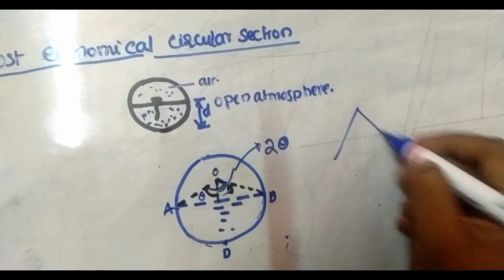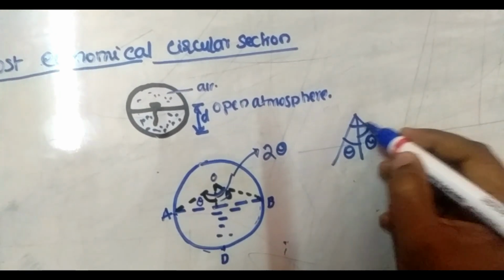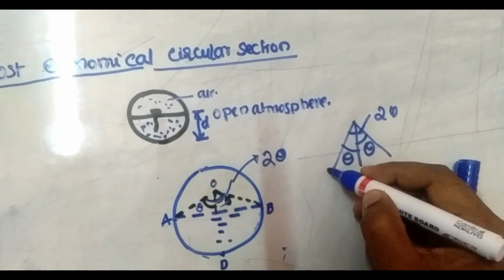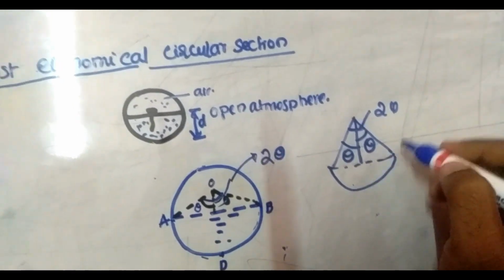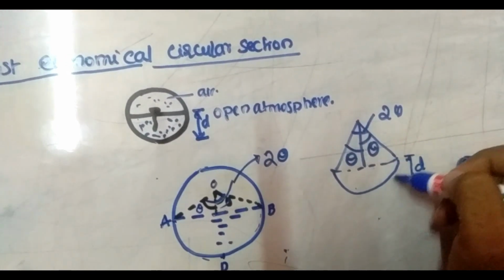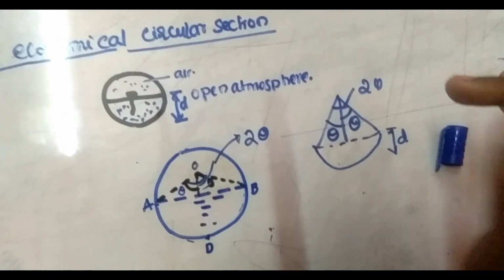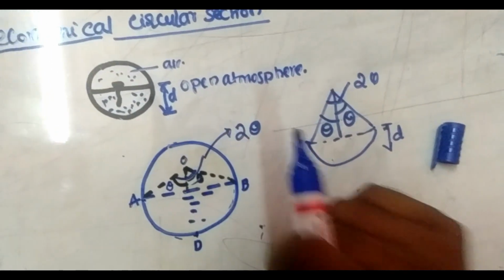This water surface is creating angle 2 theta. But we don't know the depth and the total perimeter, how much of the surface the water contacts. That is called the wetted perimeter.